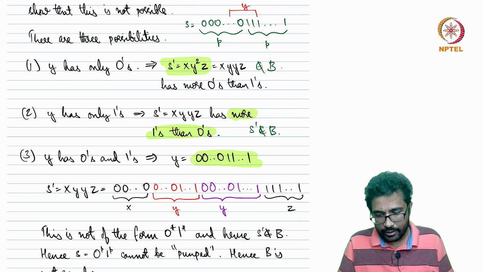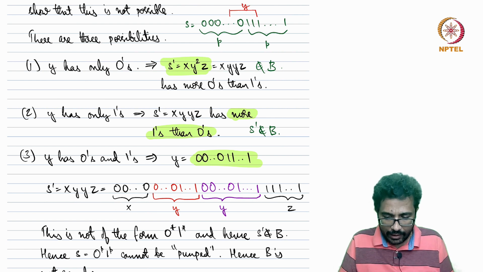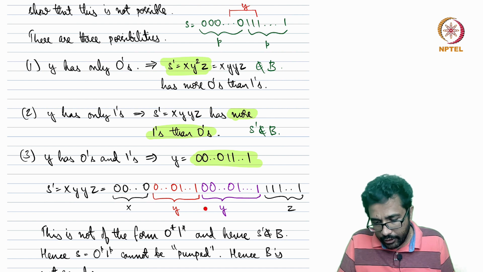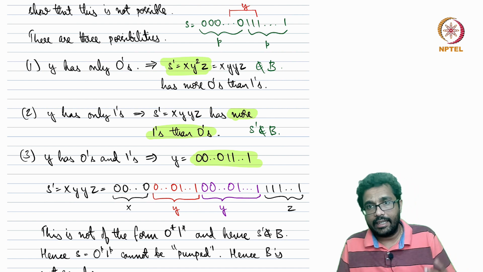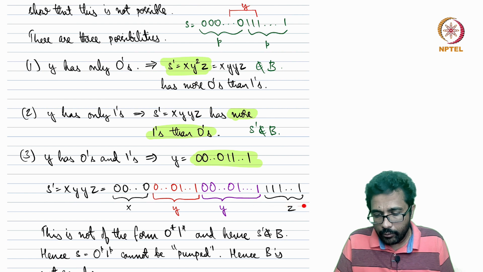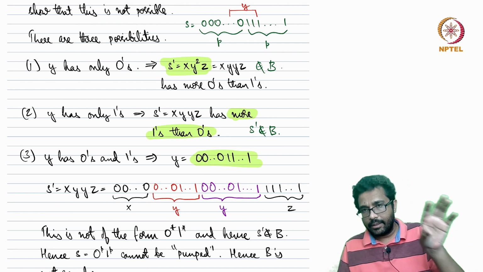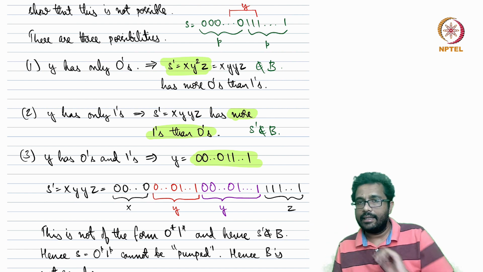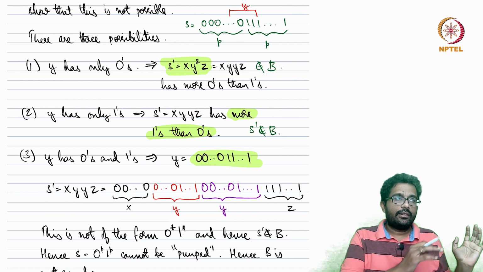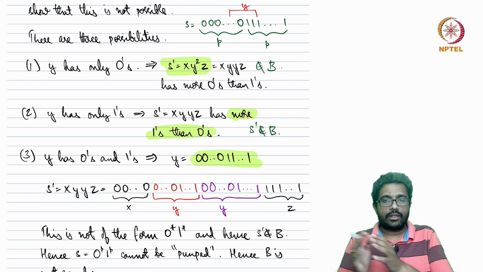So basically you start with zeros, x and the initial part of the first y, then you move to ones, then again you move to zeros, the initial part of the second y, then you have entirely ones. So it is like some zeros, some ones, some zeros again followed by ones till the end. So this is some zeros, some ones, some zeros, some ones, right.